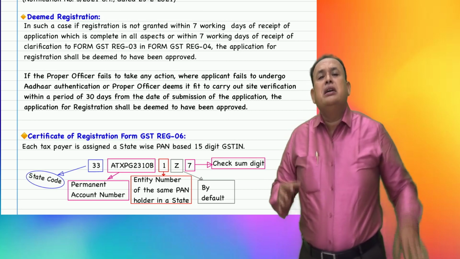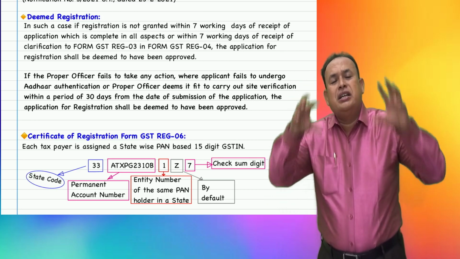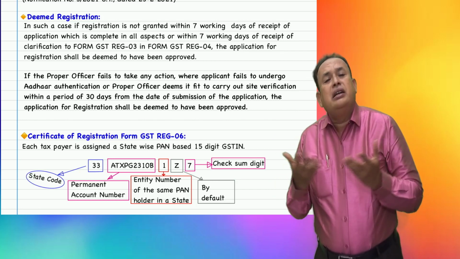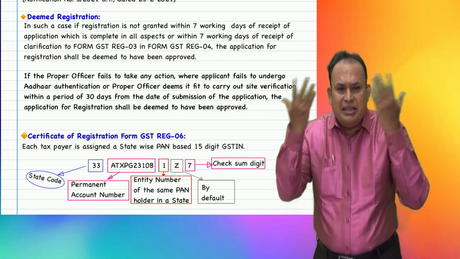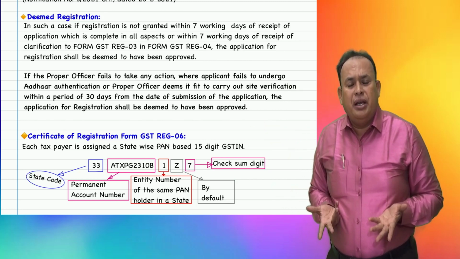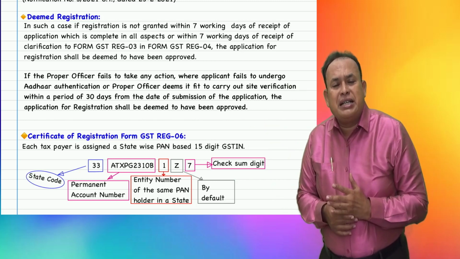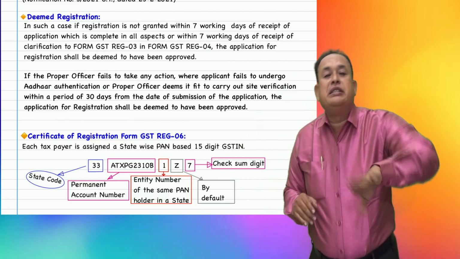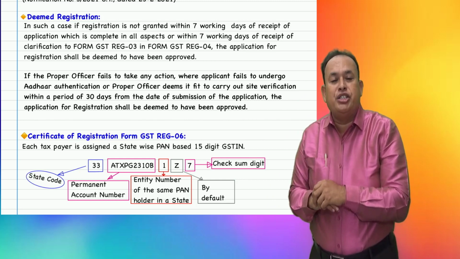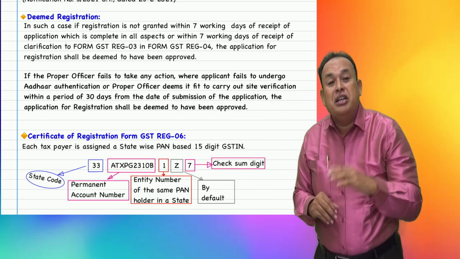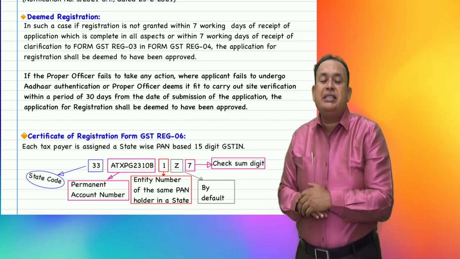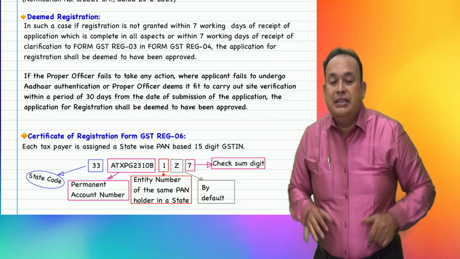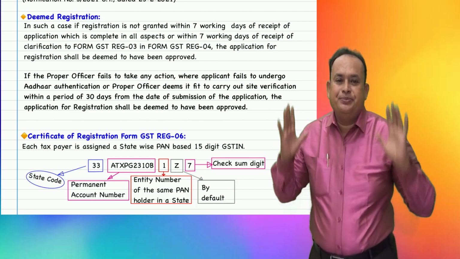Meaning thereby, a query is raised, a show cause notice is issued in GST REG-03 within 7 working days or within 30 working days, as the case may be. I replied within 7 working days in form GST REG-04. If the department is satisfied, from the date of receipt of the reply it should grant the certificate of registration within 7 working days. If not granted, I am deemed to be registered.